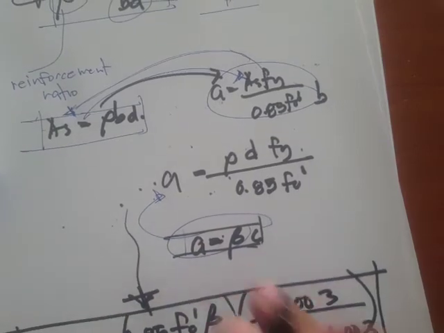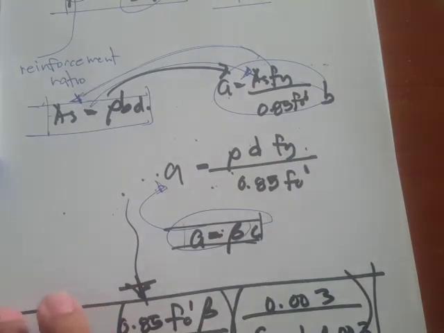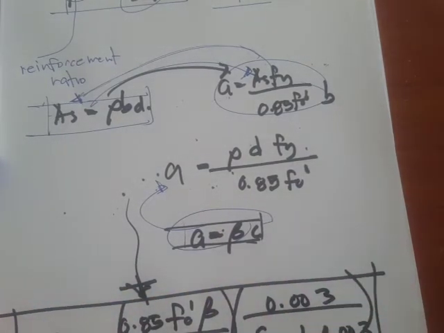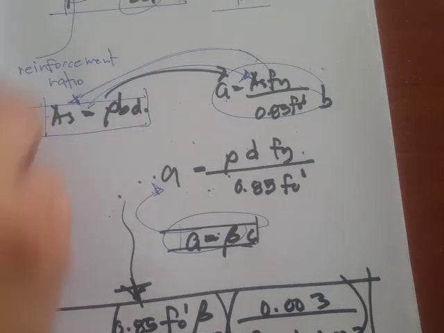If you substitute these equations, you finally arrive at this expression, which is ρ as a function of the strain. So it just means that you can also classify the condition of the beam in terms of the steel ratio.